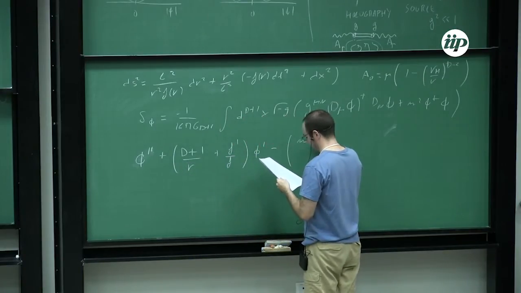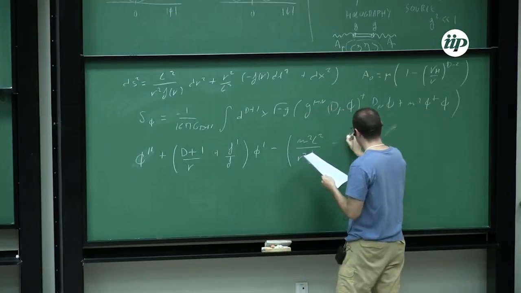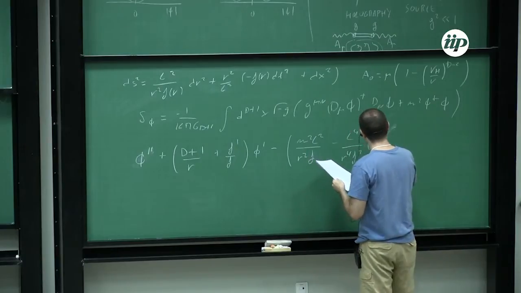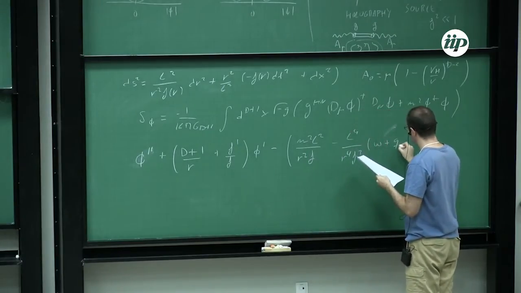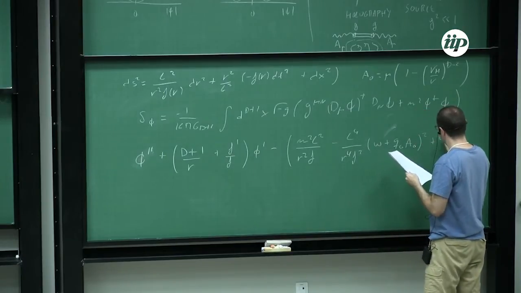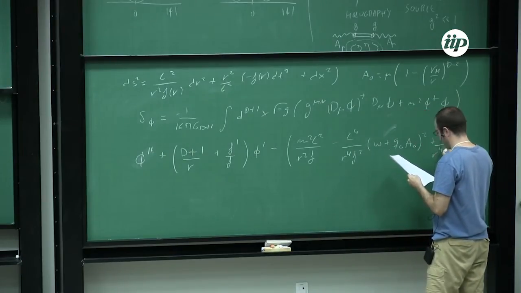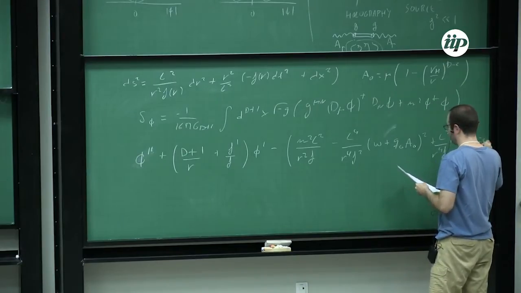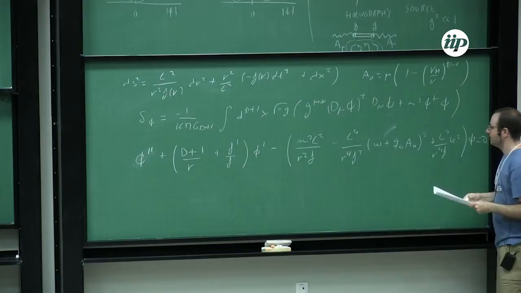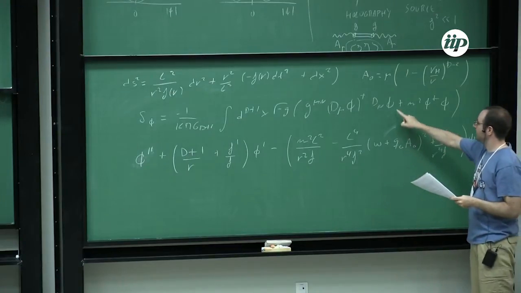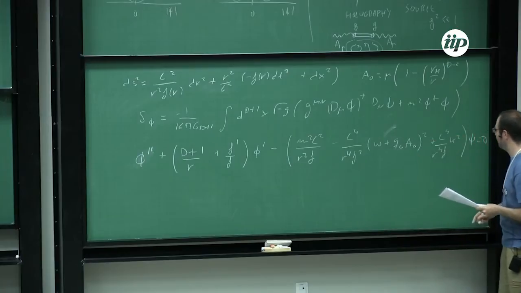And it depends on the mass, the functions that appear in the metric, the frequency, the momentum, etc. Here you have the charge of the scalar under this gauge field.